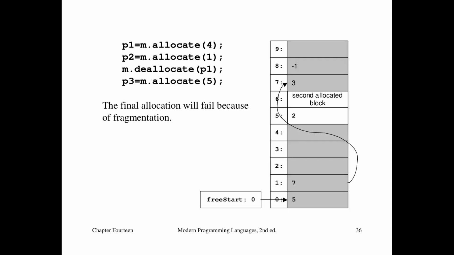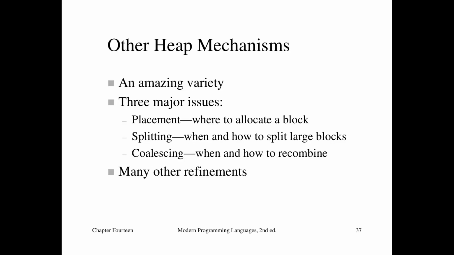If we allocate 4 initially, then allocate 1, and then deallocate P1, which was the 4, and then we try to allocate 5, we have enough memory because we have 8 blocks of memory and we need 6. But unfortunately, we don't have any one block that's large enough. So we need to find a way to deal with that.